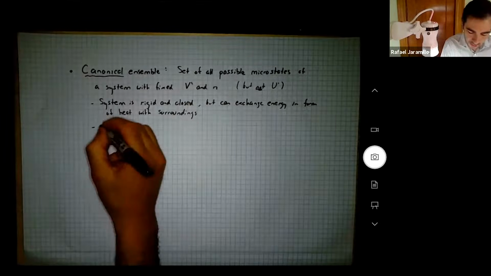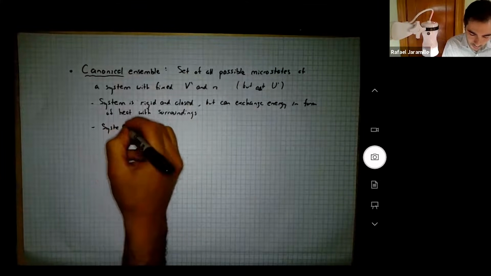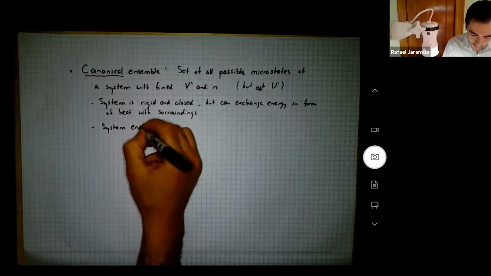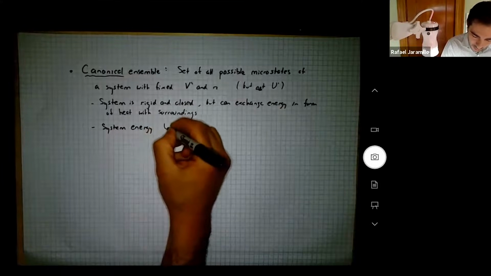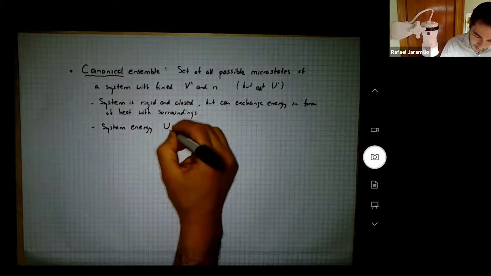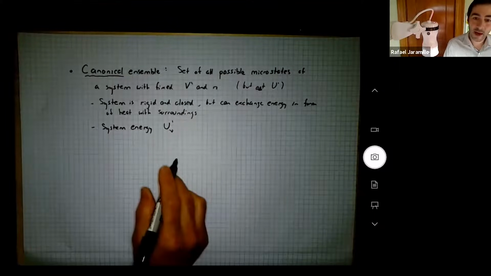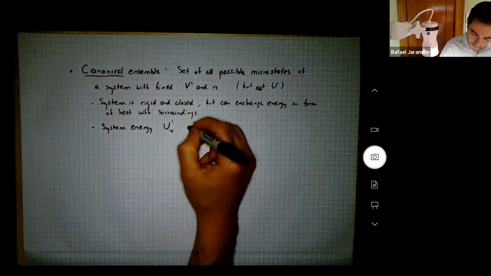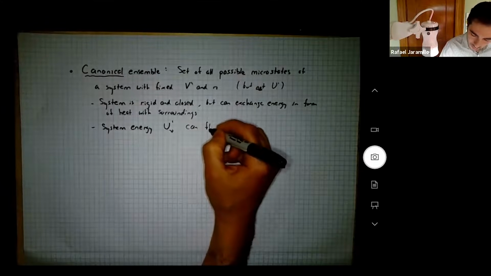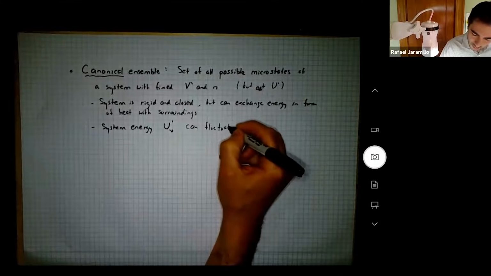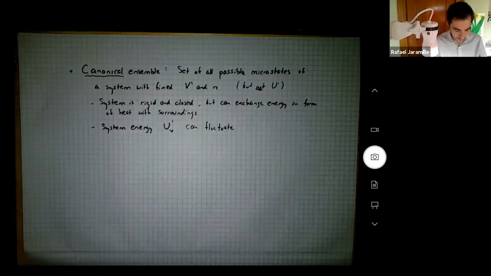And the system energy, which we're now going to give a label to, U sub nu, can fluctuate. So I want to draw for you a representation of the canonical ensemble.